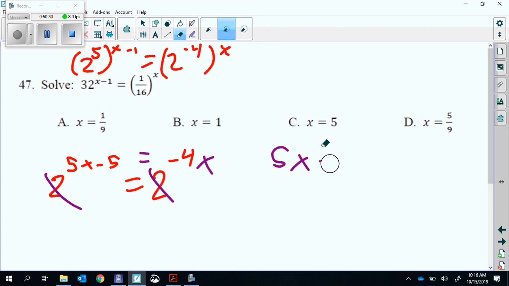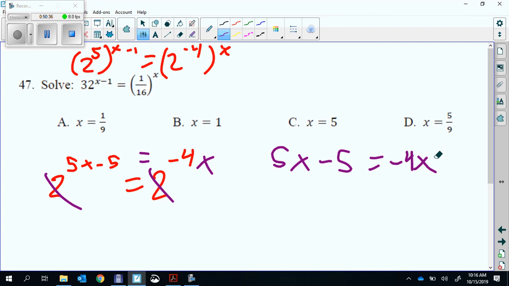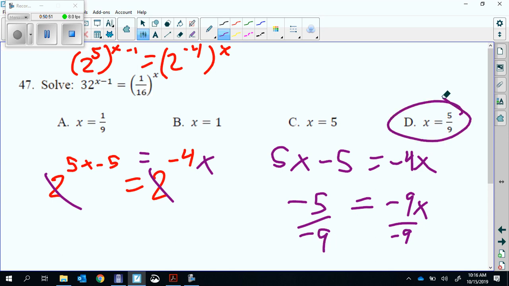Average rate of change. That means these are our x values. I call it x1 and x2. We need the two y values that go with it. You get y1 by plugging in x1. Plug in -2.